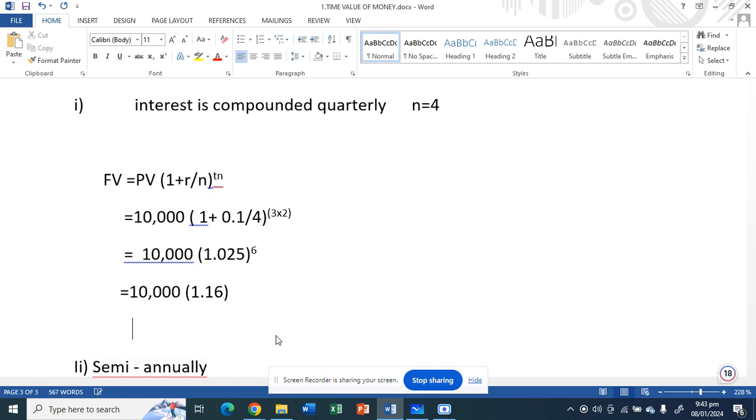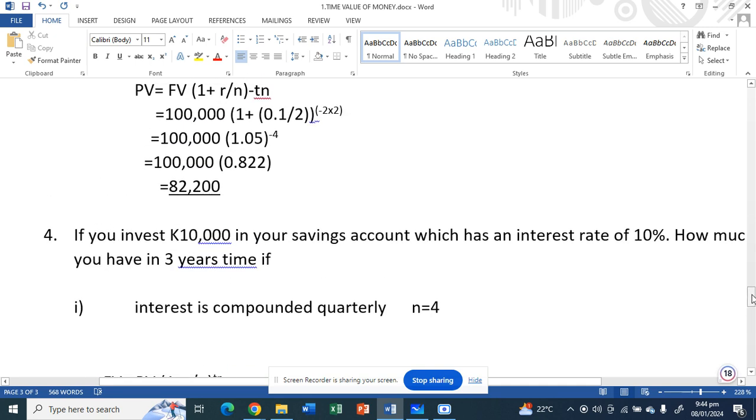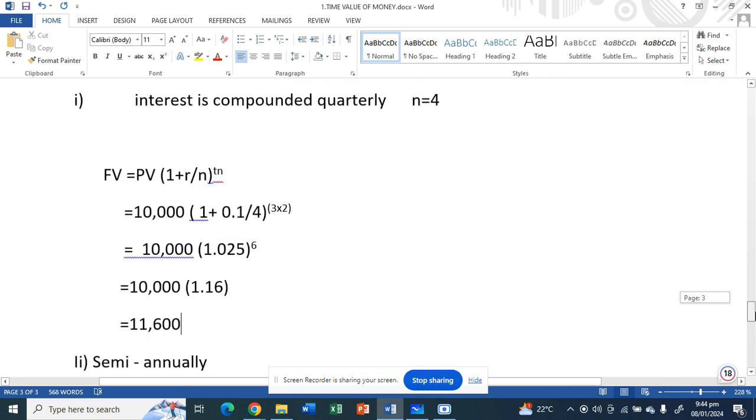You have 11,600. So if you invest 10,000 and the interest rate is compounded quarterly, in 3 years' time you have 11,600.